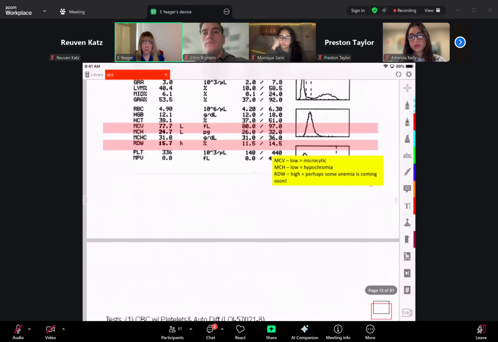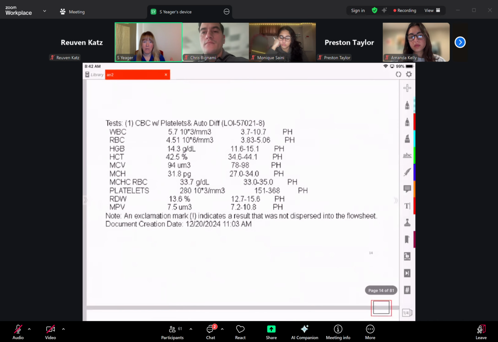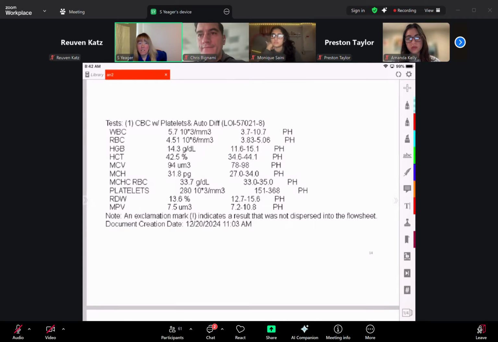So that's our key. And then I wanted to show you this CBC. I really hate these too when they write them out and it's not in perfect table format, like things aren't aligned, because it's hard to see and pick out what's abnormal. This one, everything happens to be abnormal, but sometimes, and you'll see I have some heme consult notes, sometimes they'll put the CBC values in straight up paragraph form.